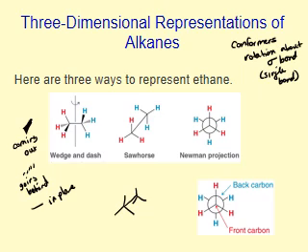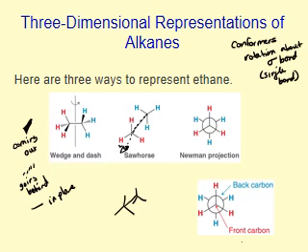And finally, Newman projections, which is what we're going to be spending our time talking about now. The bottom image of the Newman projection shows what we're looking at. You're looking at the front carbon, as if we had this sawhorse and your eyeball was here and you were looking down this bond.